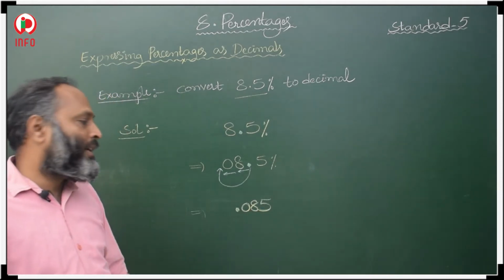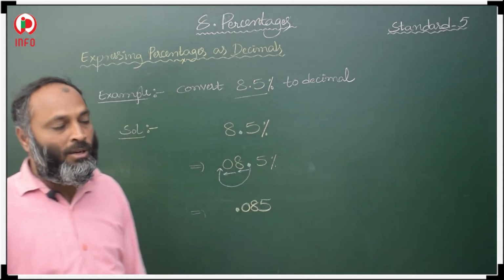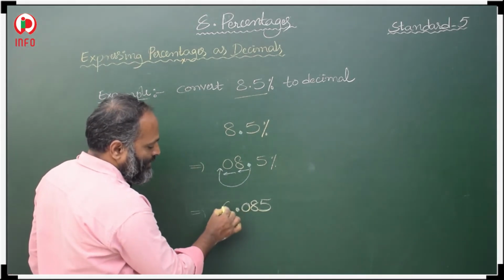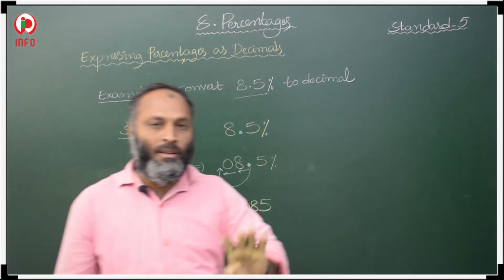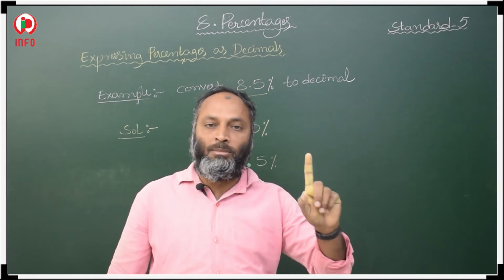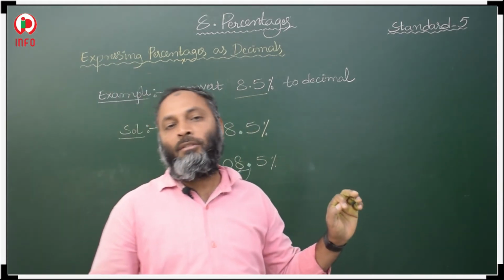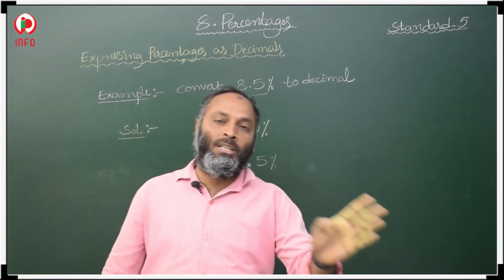So what is our decimal number? 0.085 is our decimal number. And after the decimal number, is any number there? No, then keep 0. Just remember one thing: you have to keep a decimal after 2 digits from right to left when we convert a percentage into decimals.